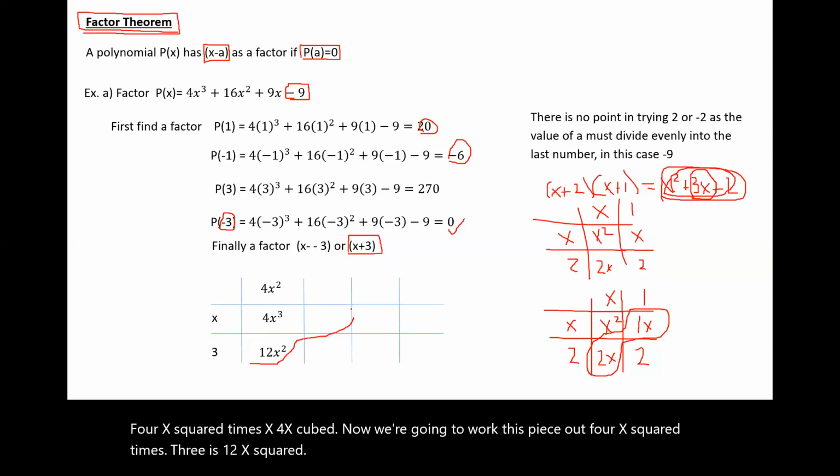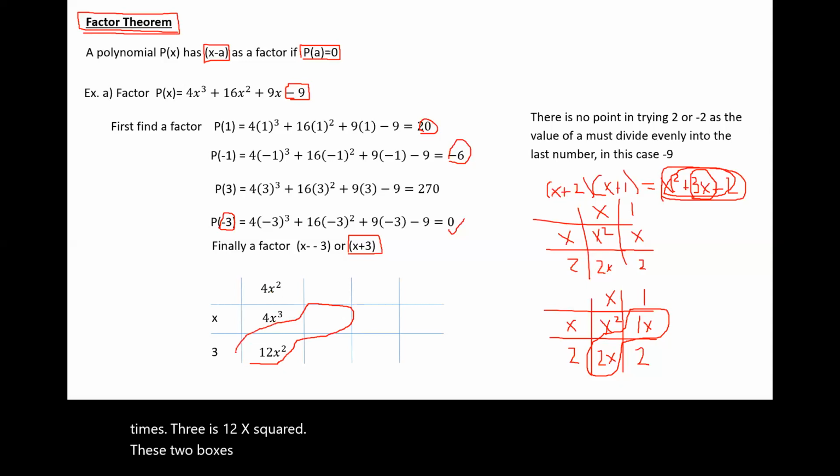These two boxes, when we combine them, are going to give us 16x squared. We have 12x squared. We're missing 4x squared. What do you multiply x by to give you 4x squared?